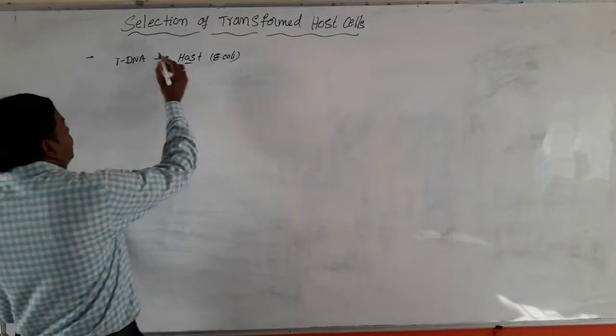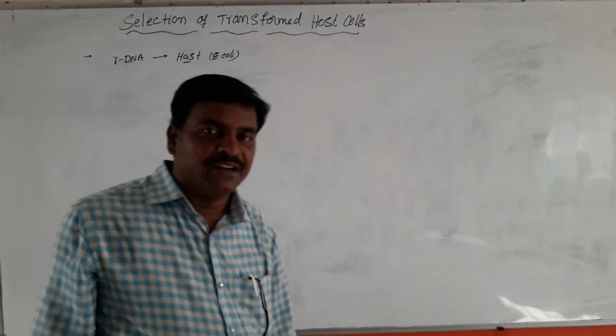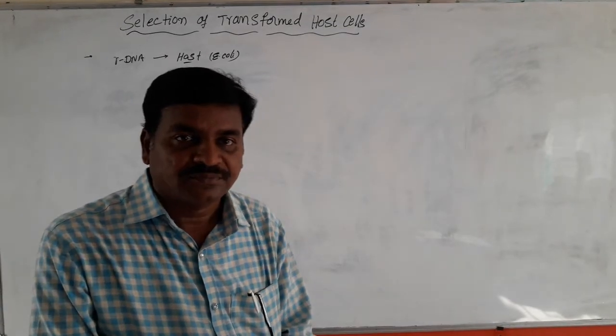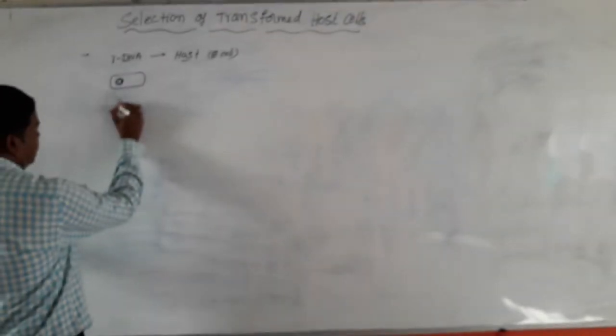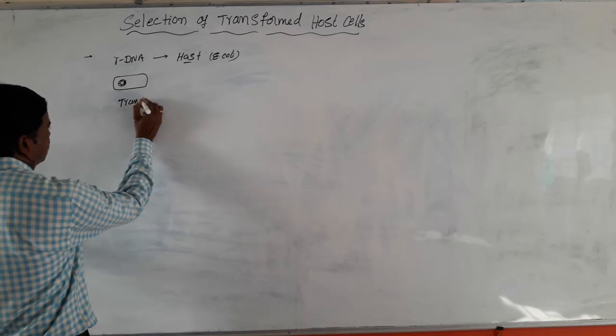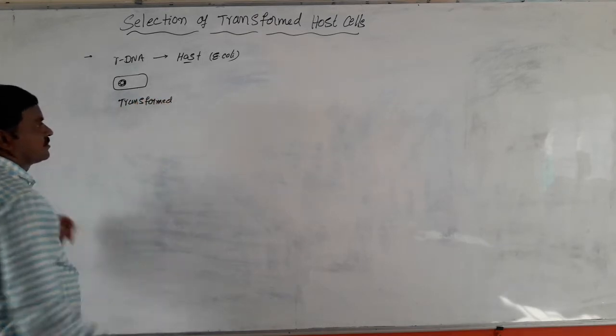So, when these recombinant DNAs and host organisms are incubated for insertion, some of the hosts take up the recombinant DNAs into the cell. These bacteria are called transformed cells.